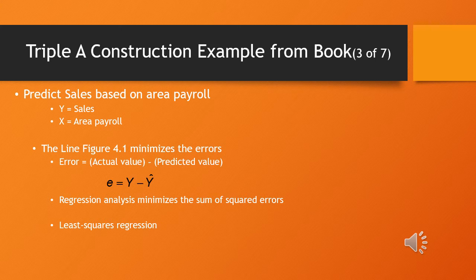The error equals the actual value minus the predicted value, and our equation for that is e equals error, where y is our actual value minus y hat, which would be our predicted value.